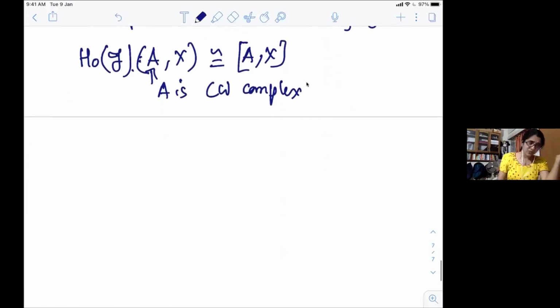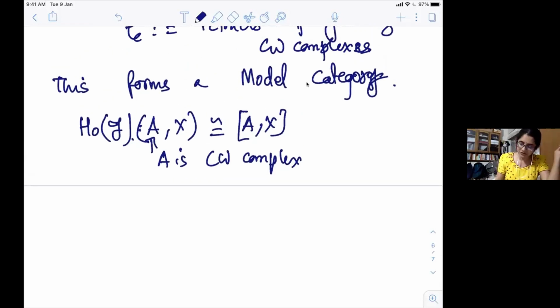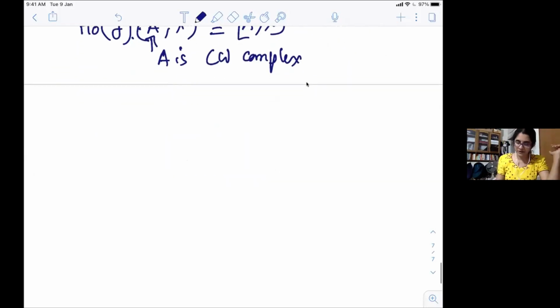This also has some extra structure, which maybe I'll mention later if I have time.